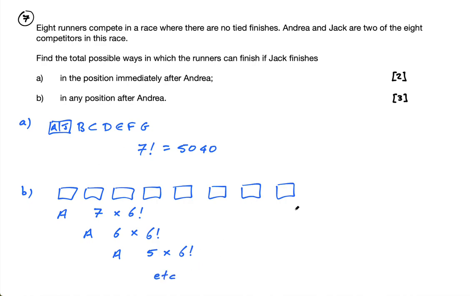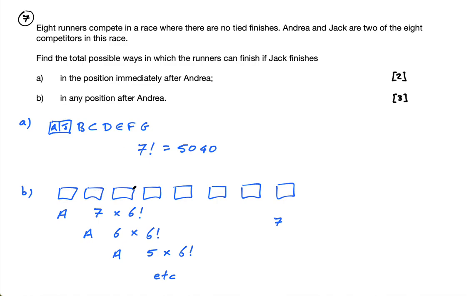So the answer is going to be 6 factorial times 7 plus 6 plus 5 plus 4 plus 3 plus 2 plus 1. Because, okay, well, hang on. If Andrea goes here, it's 7 places that Jack can go.